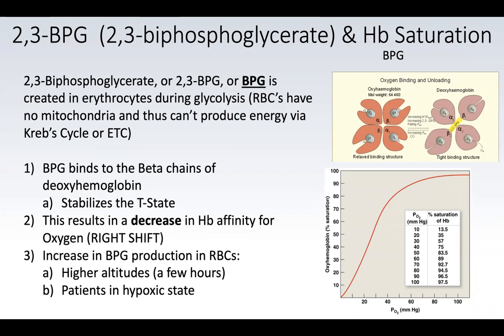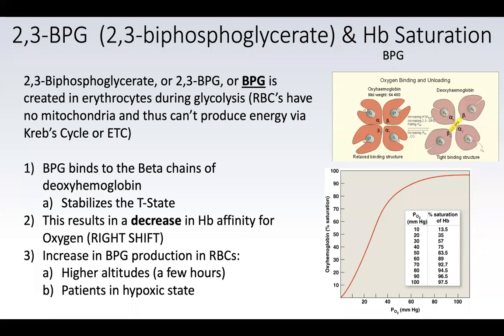This molecule is created in red blood cells during glycolysis, the breakdown of basically sugar, glucose, with the presence of oxygen to make ATP molecules and pyruvate, which will eventually drive other cellular metabolic processes.